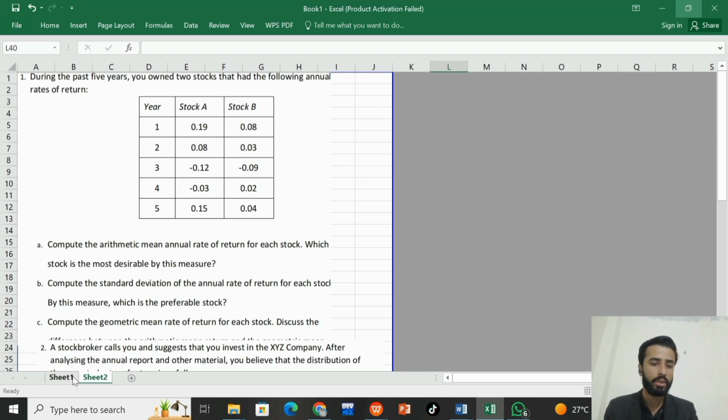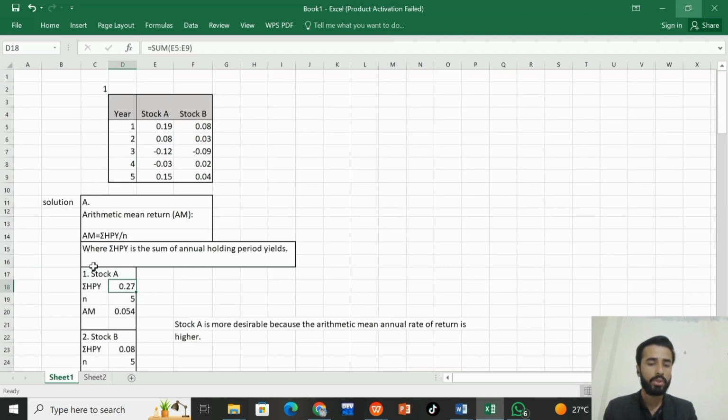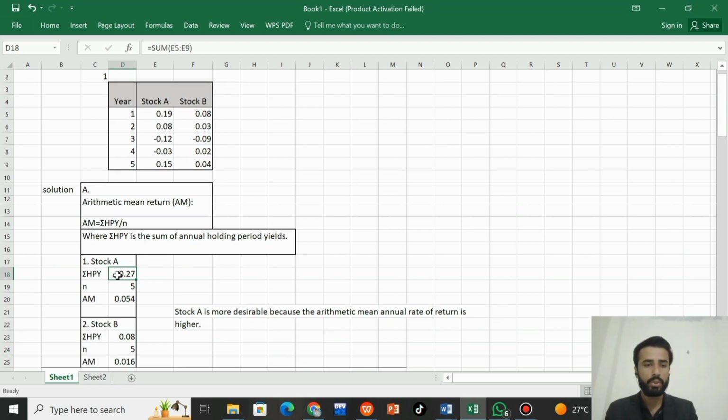So let's start solving this question. Here the stock data are given, and we have to calculate the arithmetic mean return. For the arithmetic mean return, we have a formula: the total of holding period yield divided by n, which means the number of years. For stock A, the total of holding period yield is 0.27.